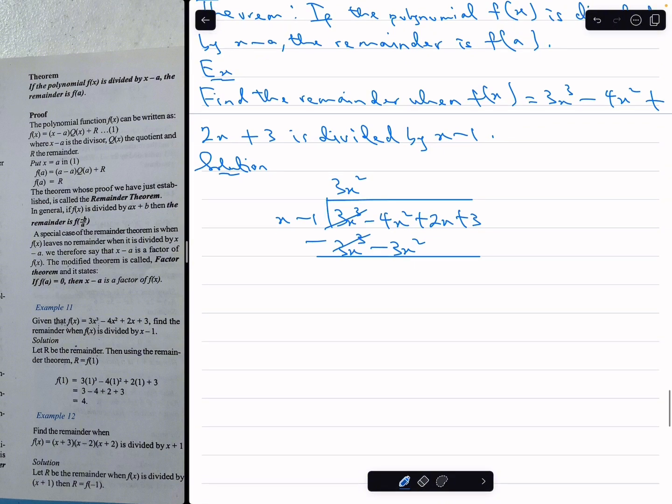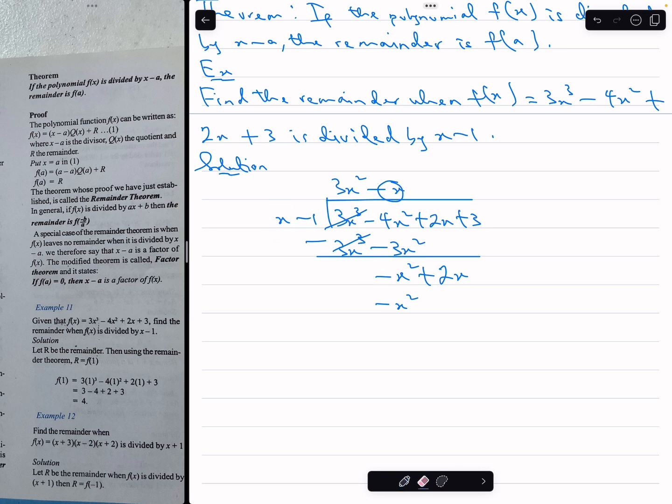3x cubed minus 3x cubed is 0. Minus 4x squared plus 3x squared is minus x squared. Bring down the next term, which is plus 2x. Now we go again. Minus x squared divided by x, that's minus x. X times minus x is minus x squared.